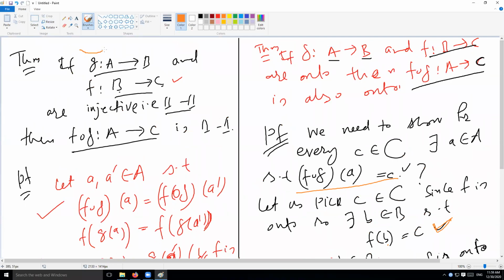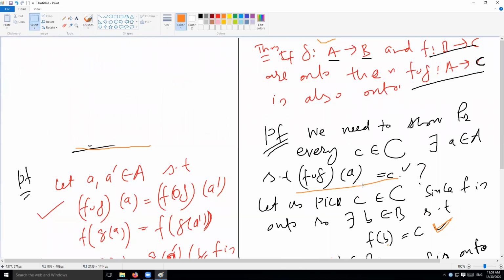If G is 1-1 and F is 1-1, then F composition G is 1-1. Now, if G is onto, F is onto, F composition G is onto. So what would be the natural corollary? The natural corollary is that if I say that G is 1-1, I don't need to prove it.